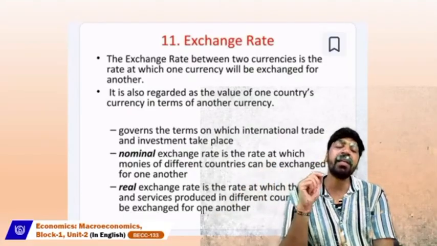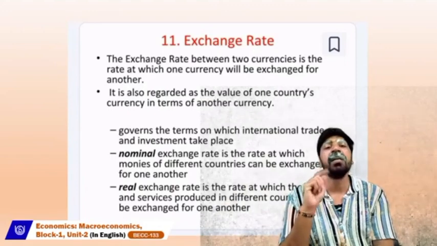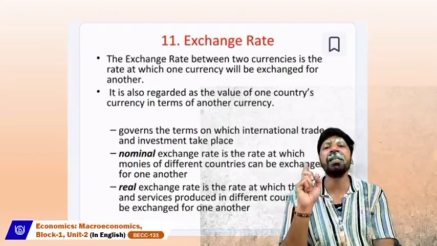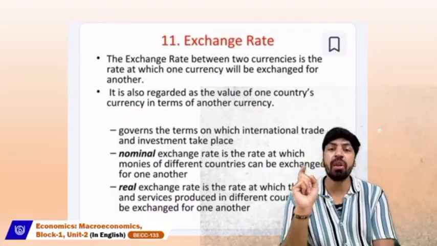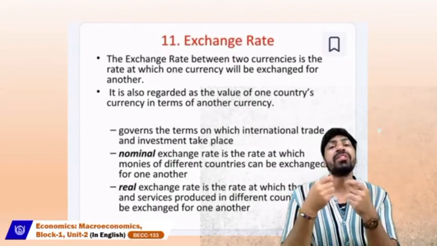87.56. And when we talk about the Indian rupee, that is rupees 1, that means 1 rupee is equal to 87.56 dollar. That is called an exchange rate.